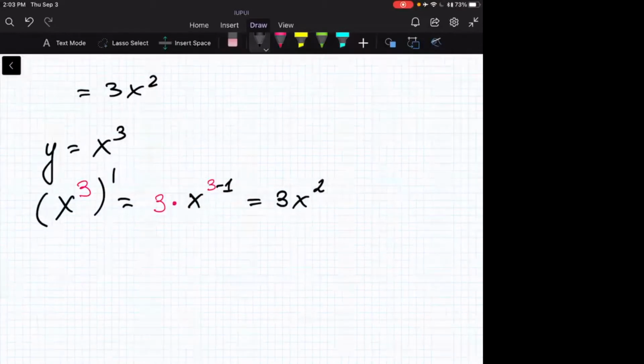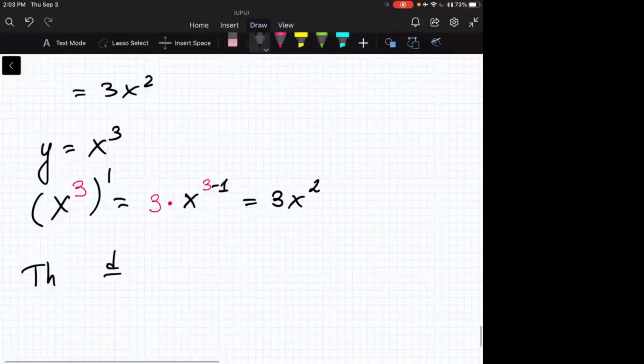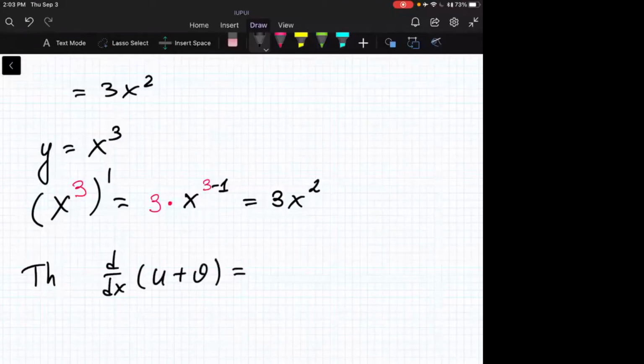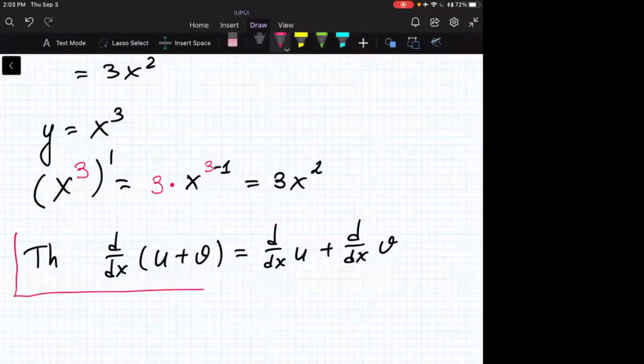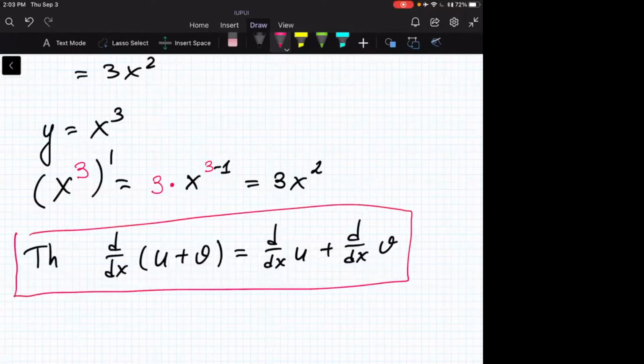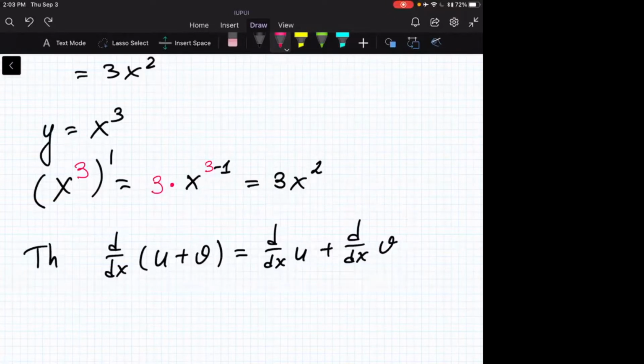The following theorem says that the derivative of the sum of two functions is the sum of derivatives. Let me write it in this notation, and during the proof we'll use other notations as well.